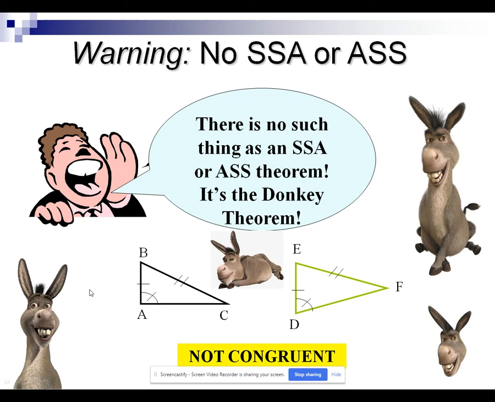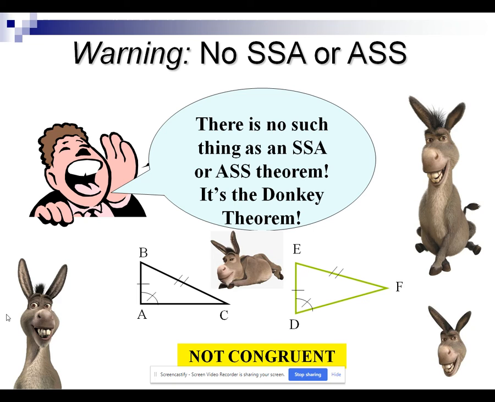We cannot say, maybe they are the same exact size triangle, but we don't have enough information to say that for sure. So if the question was, are these two triangles congruent? You would say no, and then that's it. You don't have to label it because of SSA or ASS. You just would say no, there's not enough information.